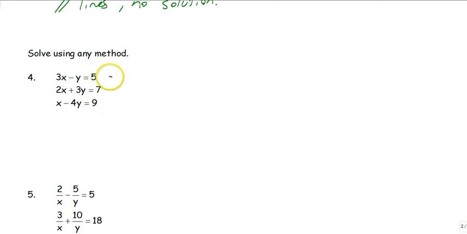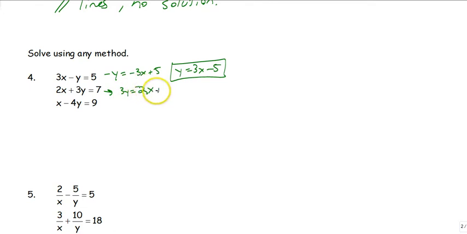So first of all, I'm going to turn all these into slope-intercept form. So I get negative y equals negative 3x plus 5. So that means that y is equal to 3x minus 5. That's one equation. This equation becomes 3y is equal to negative 2x plus 7.